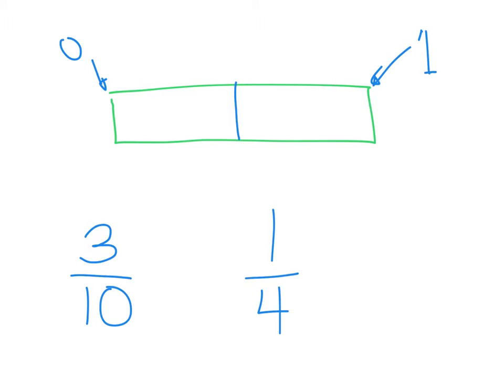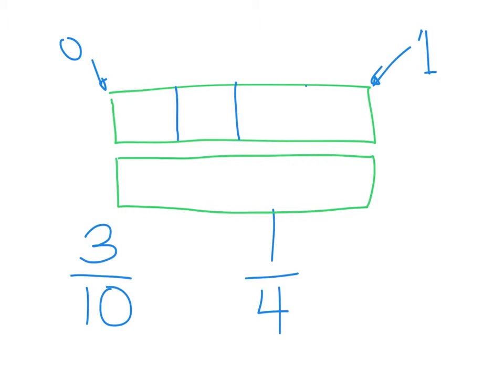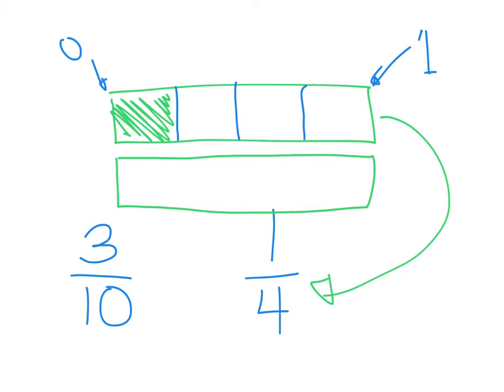So what we can do is we could take this number strip and make 2 identical number strips. We break one into 4s, like so, and we color 1, right? And that would represent this one, 1 out of 4. And now let's make one to represent this one right here. But instead, we cut it up into 10 pieces.